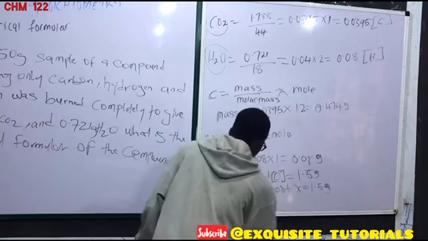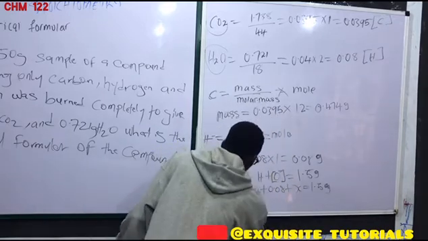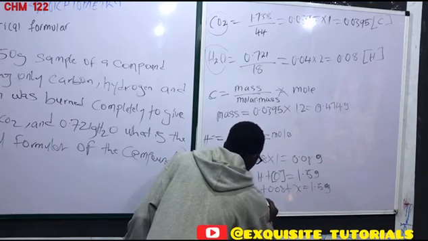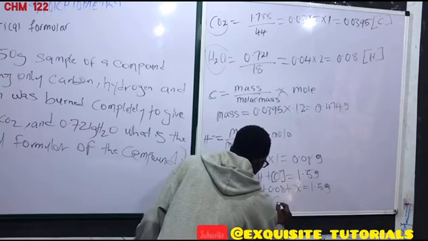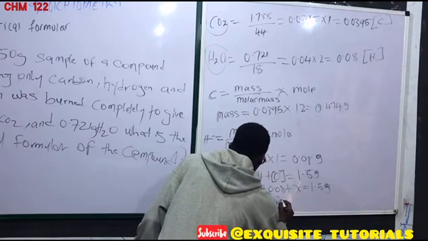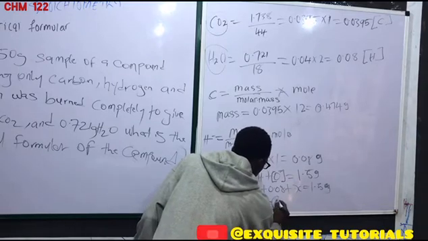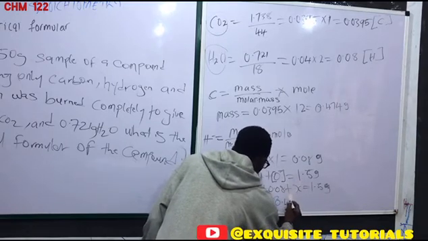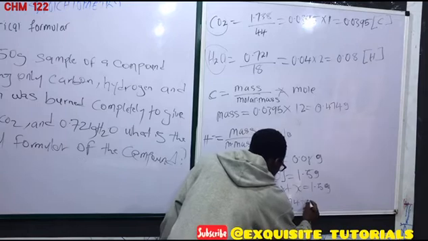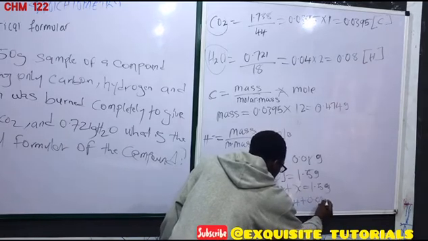Now if you cross multiply, we have X as 1.5 minus open brackets 0.474 plus 0.08.